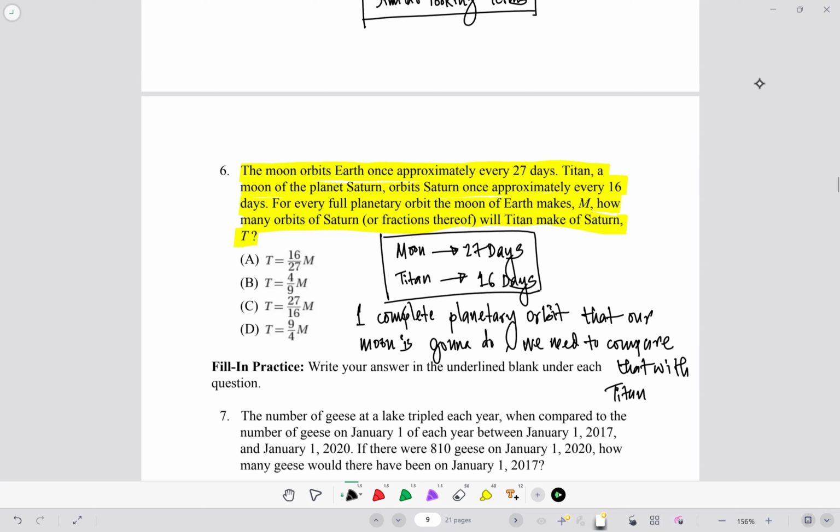For the moon, it takes 27 days, but for Titan it takes only 16 days. So they're just asking for the portion of Saturn's orbit that Titan makes.